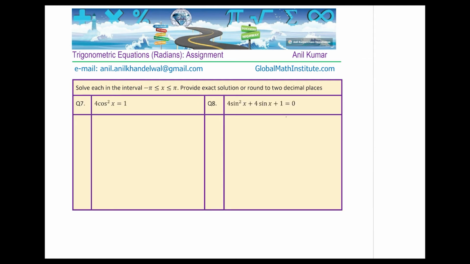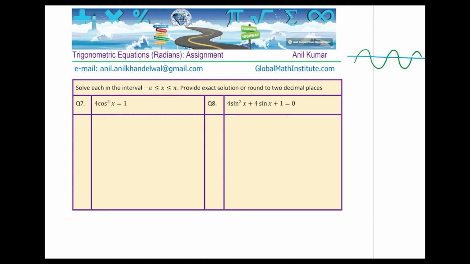Question number 7. Solve each in the interval minus pi to pi. Provide exact solution or round to two decimal places. See, when we are saying minus pi to pi, remember sine and cosine functions. Let me sketch the graph first, just to give you an idea. So if you're talking about the trigonometric functions, now we're saying from minus pi to pi.